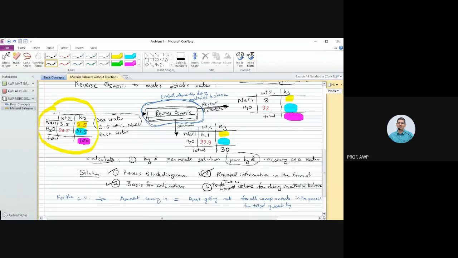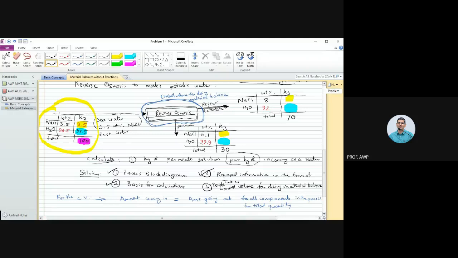Just have patience. I have a point to make. Okay, so suppose the permeate stream is 30 kilograms. What would be the quantity of retentate stream? It would be 100 minus 30. So this would become 70. Isn't it? Do you agree with this?